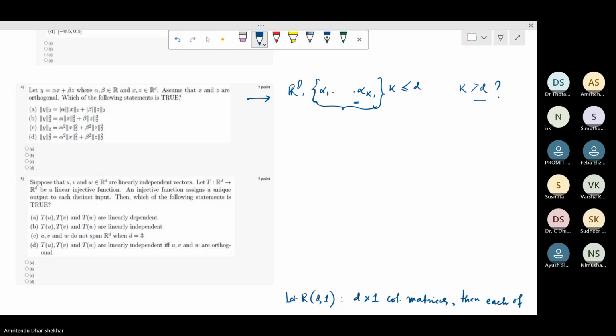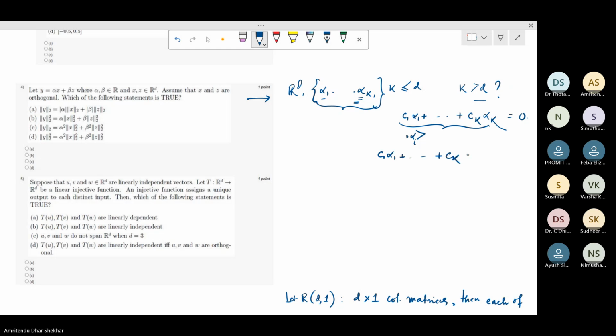So if you give me any orthogonal set, like let's say this one, and I write a linear combination, let's say C1 alpha 1 up to Ck alpha k, and this is equal to 0. So I want to find a linear combination which gives this equal to 0. Then what I do is I take the inner product of this with each of the alpha i's.